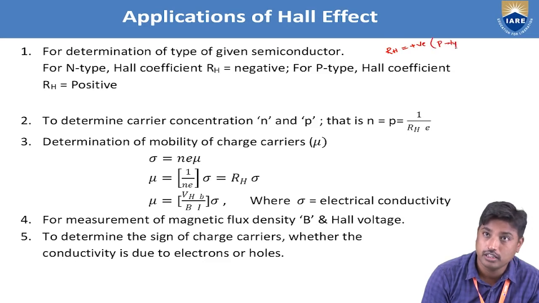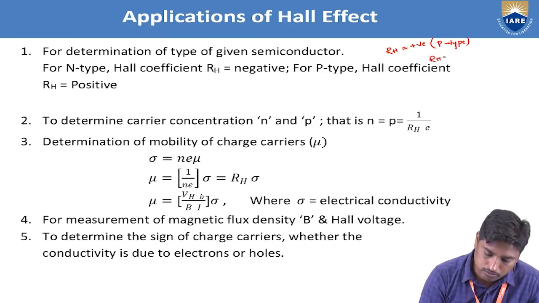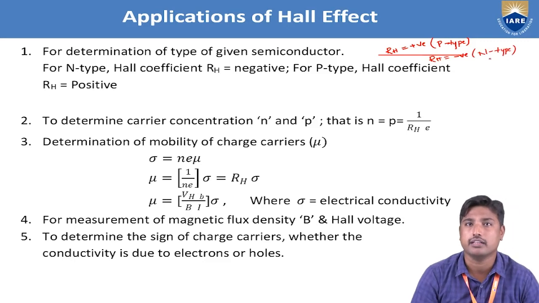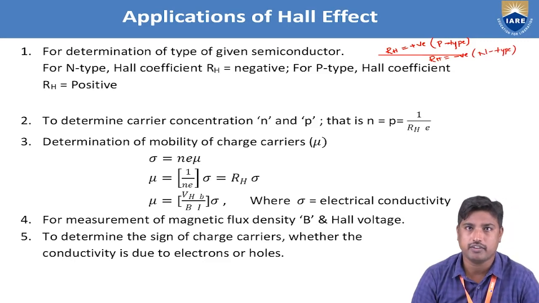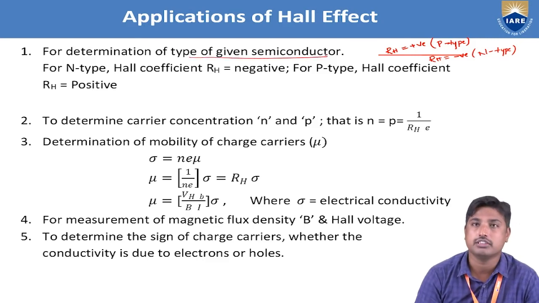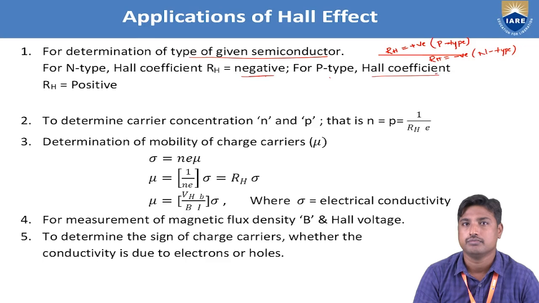If the Hall coefficient is negative, the type of material is N-type. That's why the first application of the Hall effect is to determine the type of semiconductor. For N-type, the Hall coefficient is negative. For P-type, the Hall coefficient is positive.